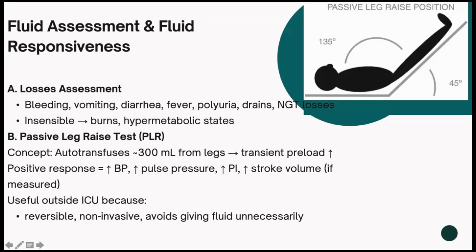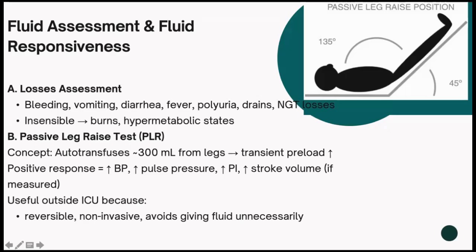In an average person, this is known as auto transfusion. So you give this bolus and there is a transient period and you are looking for a pulse and blood pressure change. The accepted response is you will be seeing a drop in the pulse rate and a rise in systolic blood pressure.